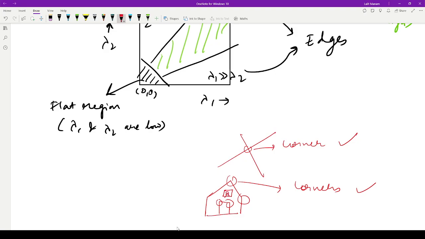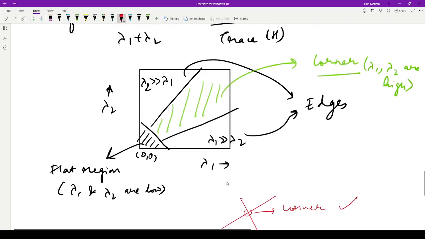This is just a painting, but this is still considered a corner because the corner detector just measures the changes in the intensities. So even this is a corner for us. Whatever you see perceptually as a corner is a corner here, and it may not resemble something in real life.